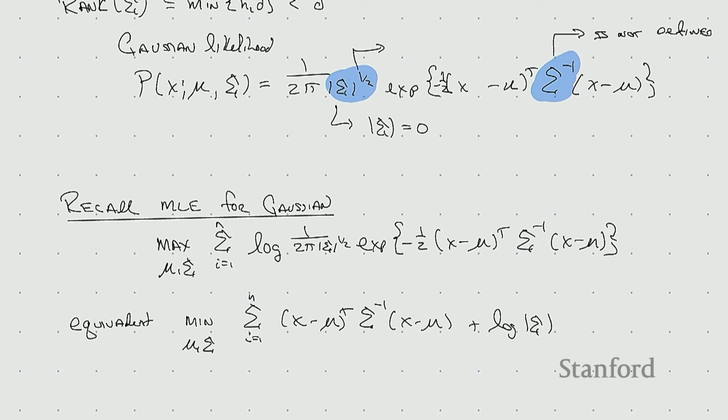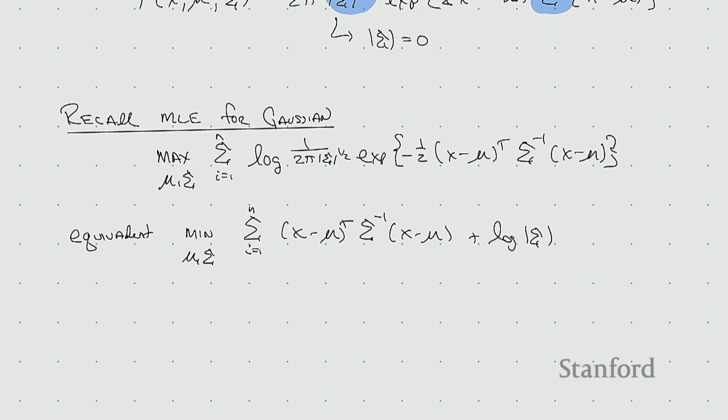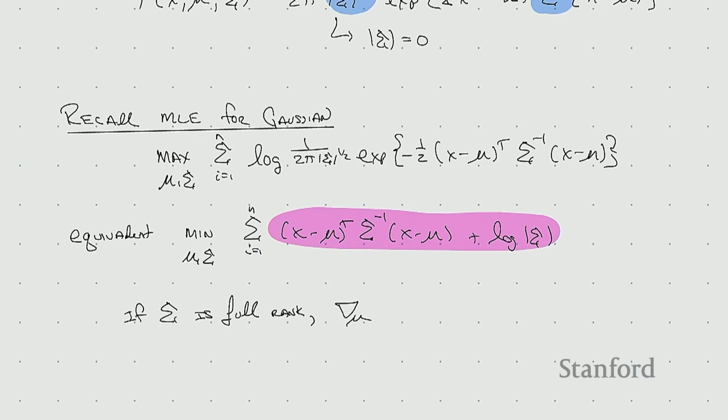All right. Now, one key fact, which we will use again and again, and I'm just going to dispense of once, is if sigma is full rank, the covariance is full rank, then the gradient of this function here, which I'll just call f of mu, equal to the sum i equals 1 to n of sigma inverse times (xi minus mu), set to zero, implies mu equals 1 over n times the sum i equals 1 to n of xi.